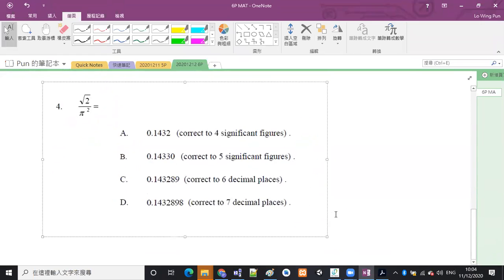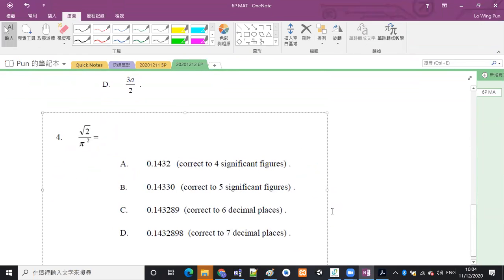Square root 2 over pi squared. So let me use the calculator first. Square root 2 divided by bracket pi squared.